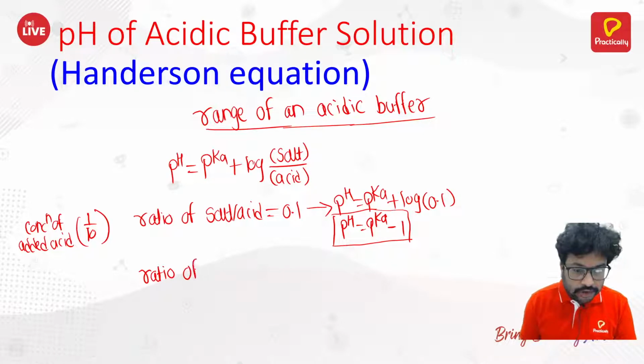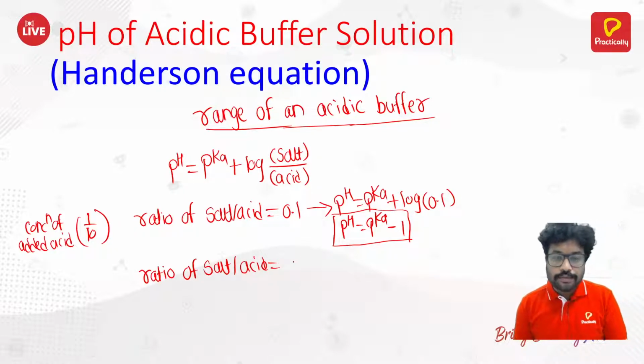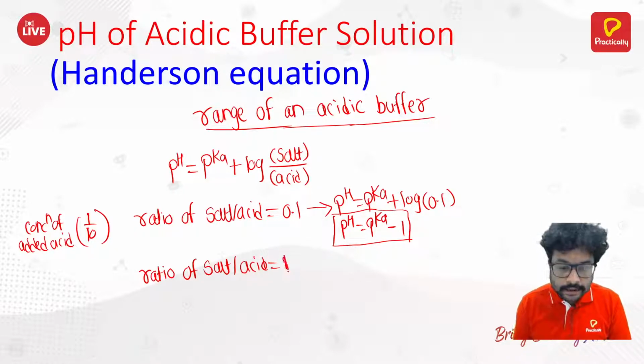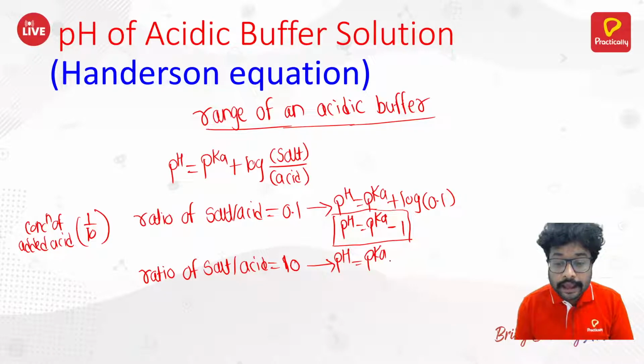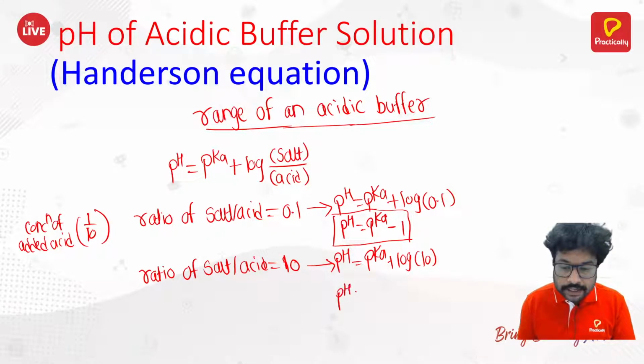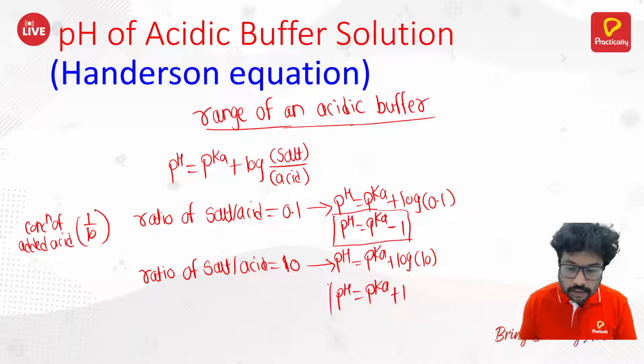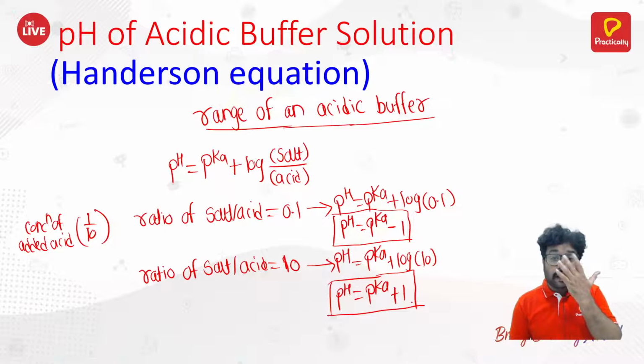Suppose the ratio of salt upon acid is 10, then what do we have? Then pH is equal to pKa plus log of 10, right? What is log of 10? Log of 10 is equal to 1. So pKa plus 1, pKa -1.